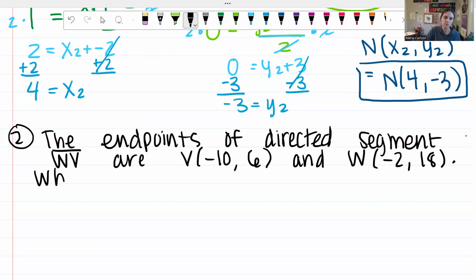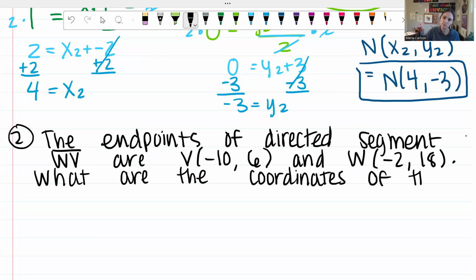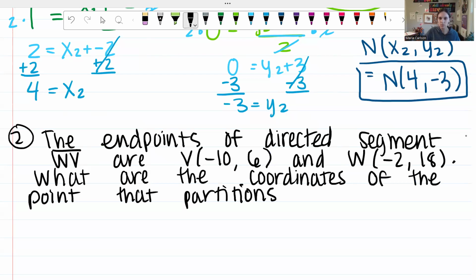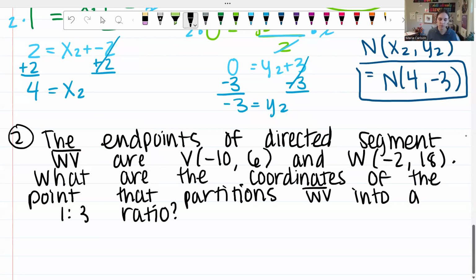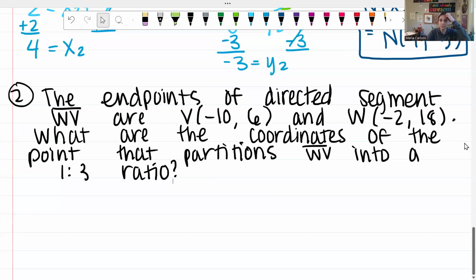What are the coordinates of the point that partitions WV into a 1:3 ratio? All right, so kind of a little bit to dissect here.